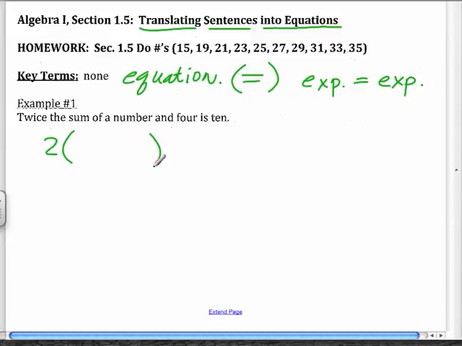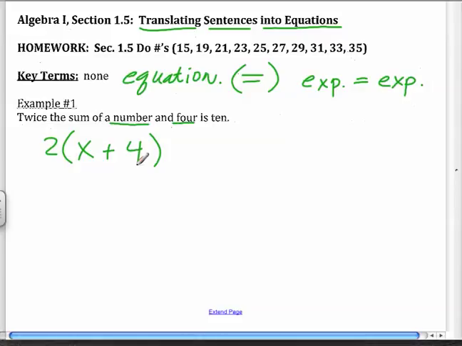But it says twice the sum of a number and 4. I am doubling the sum of a number and 4, so I have to add them first before I can double them. So I keep them as a quantity with parentheses.